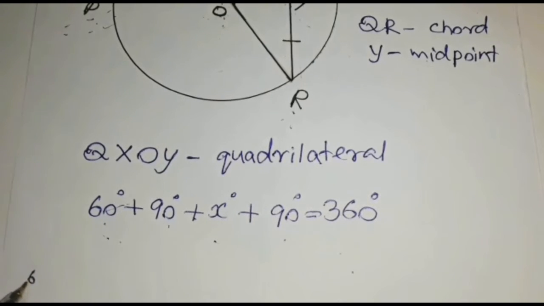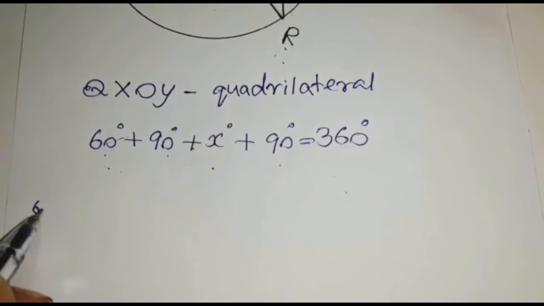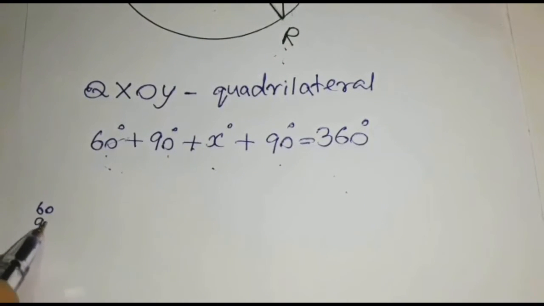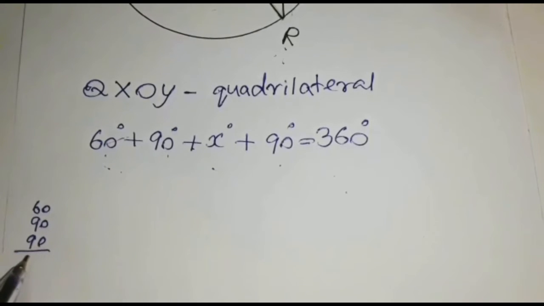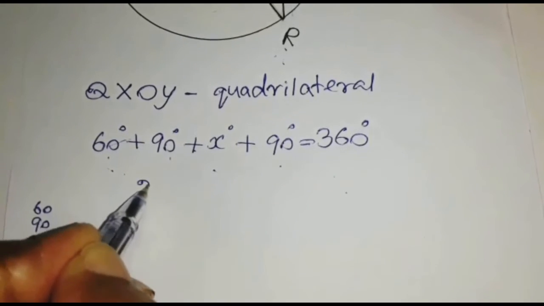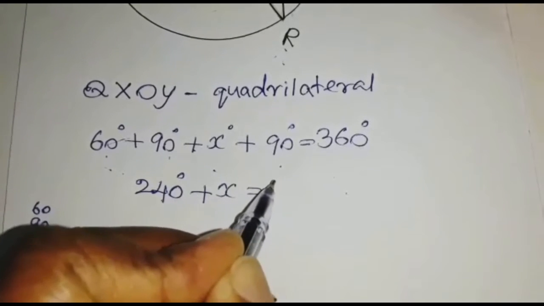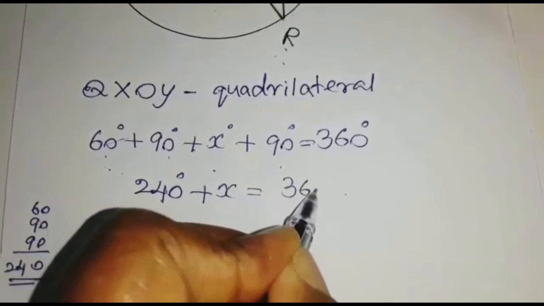Now we have to add 60 degrees plus 90 plus 90, which is 240. Then we can write 240 degrees plus x equals 360.